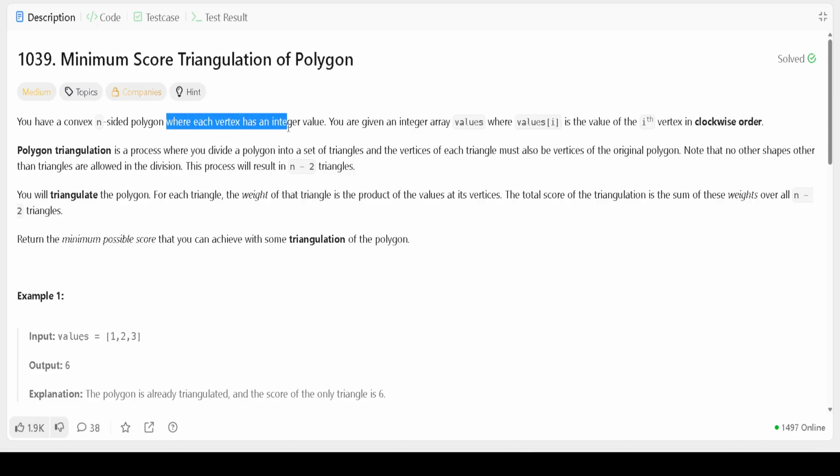Each vertex has an integer value, and you are given an integer array called values, where values[i] is the value of the ith vertex in clockwise order.